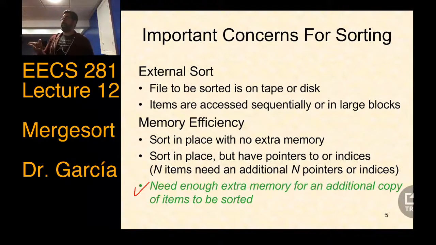The main assumption that we're going to make when discussing Mergesort is that we will have enough space to create that additional copy of the elements in the input. This is oftentimes not too bad, largely because one of Mergesort's main use cases right now is in big data.